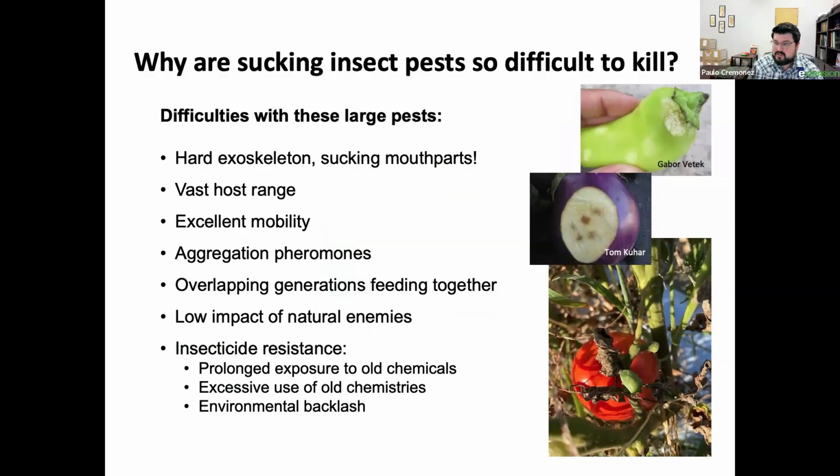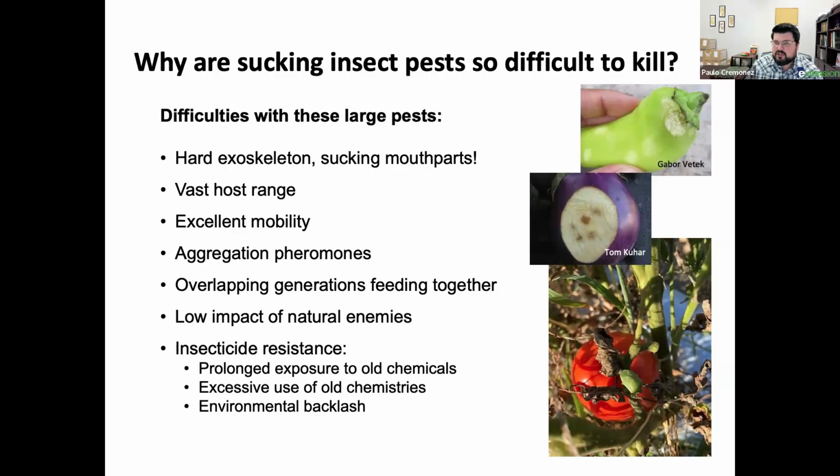They are generalists. They have a vast host range. They are extremely mobile, so they will fly and run very fast, and they have cryptic behaviors. So if they feel a predator, a big predator, or a crop trait is happening, they can easily drop to the soil and be more protected.